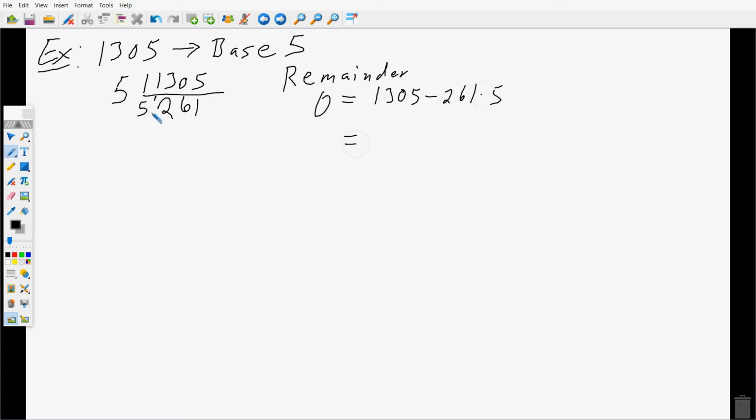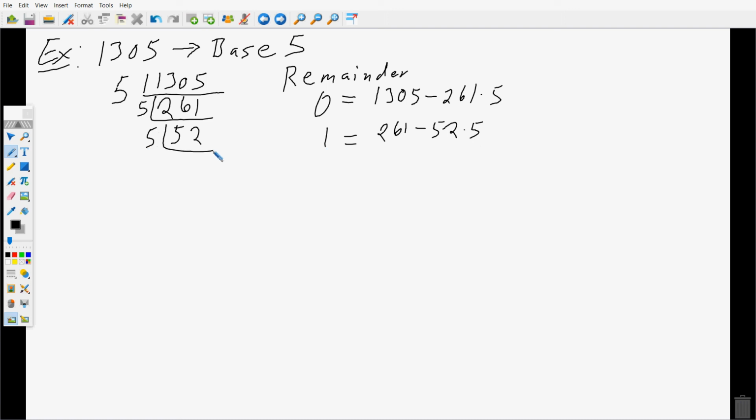Divide by 5 again. 261 divided by 5 is going to give you 52 something. So you can do 261, previous answer, minus 52 times 5. And that's going to give you 1.